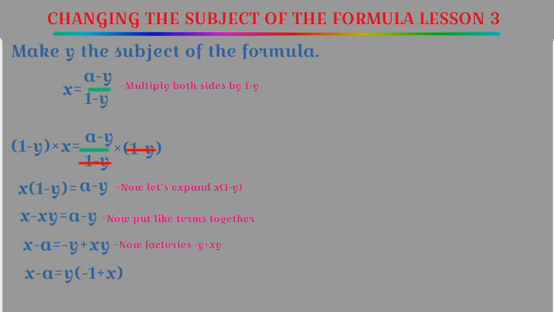So what are we going to do next? Now the next step is to divide both sides by negative 1 plus x. We're going to say x minus a over negative 1 plus x.